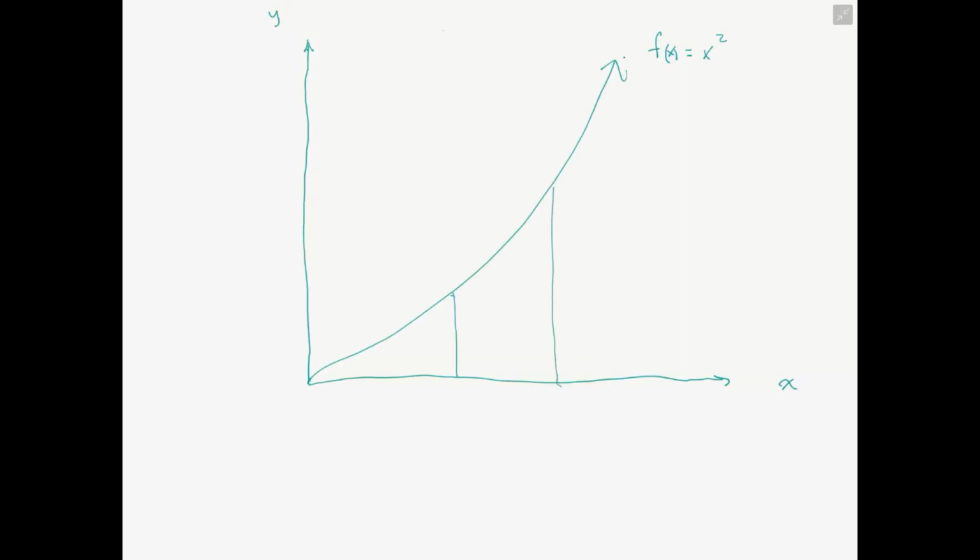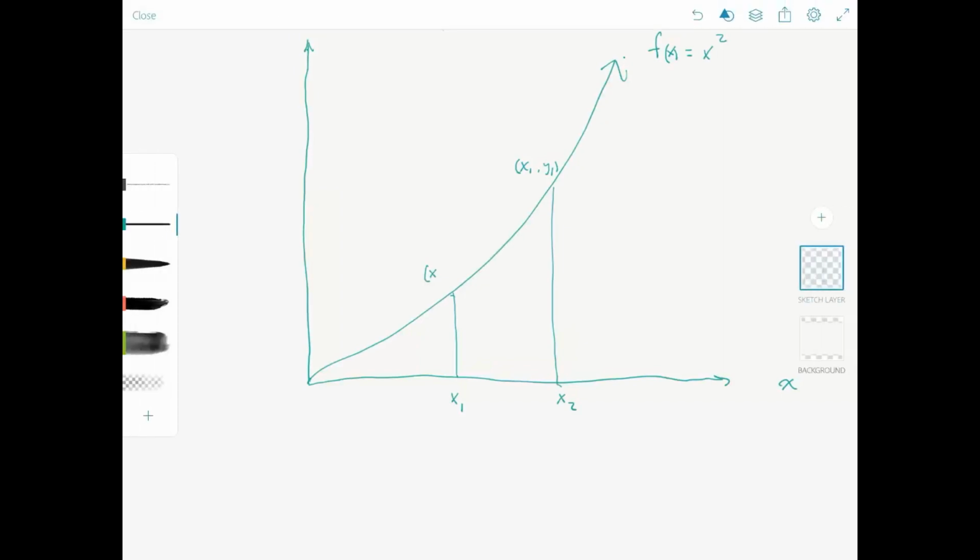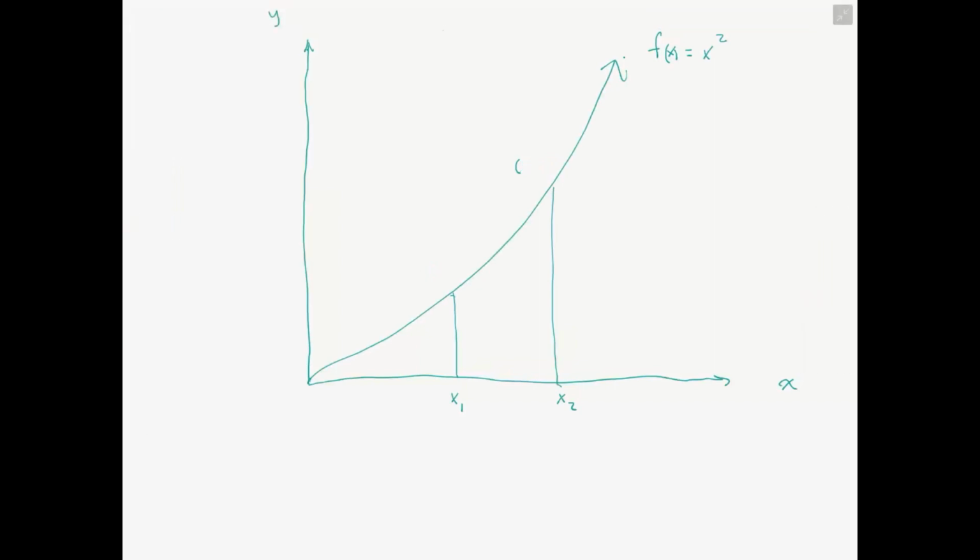Well, if we integrate this function between two limits, let's say between 2 points on the x-axis, x1 and x2, we have up here x1 and y1, and we have x2. Whoops, I actually did this backwards, didn't I?